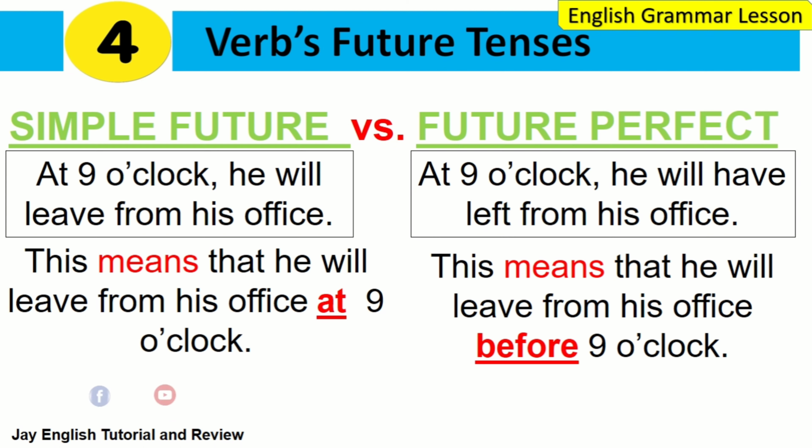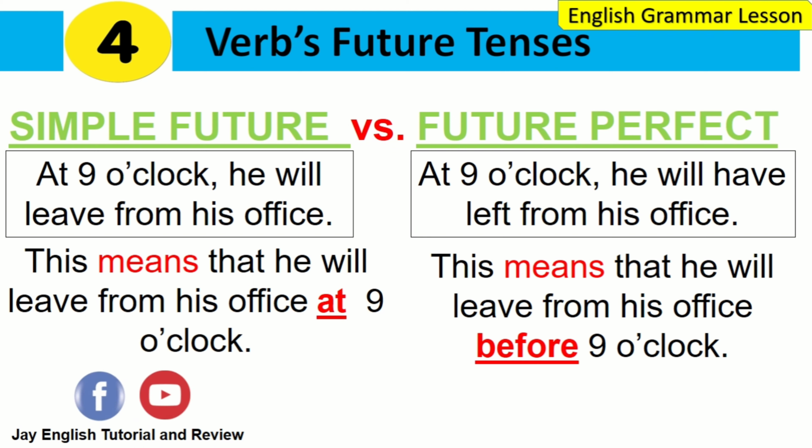For simple future, we say at 9 o'clock, he will leave from his office. This means that he will leave from his office at 9 o'clock. Okay? So 9 o'clock is the particular time when he will leave from his office. While in the future perfect, in the same statement, at 9 o'clock, he will have left from his office.